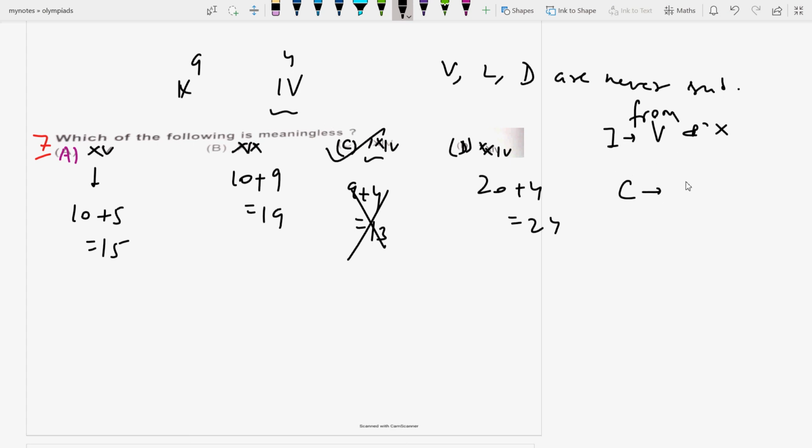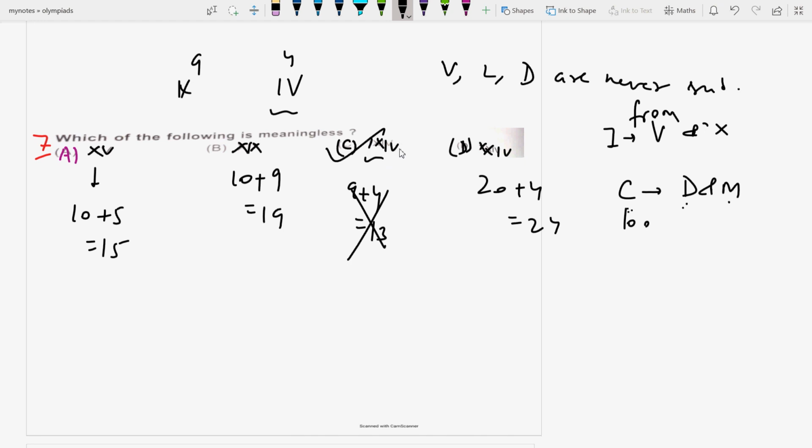C can be subtracted from D and M, because M is 1000, and in L, C, D, M, D is 500 and C is 100. So C can be subtracted from D and M. But meaningless will be IXIV, because subtraction is only applicable when the first symbol is less than the second one.